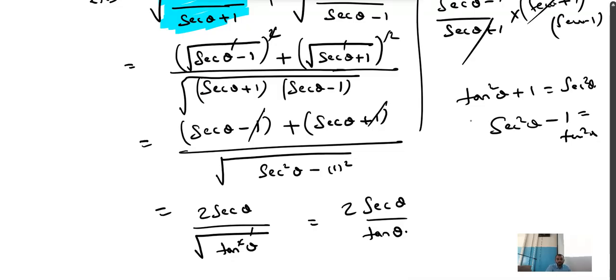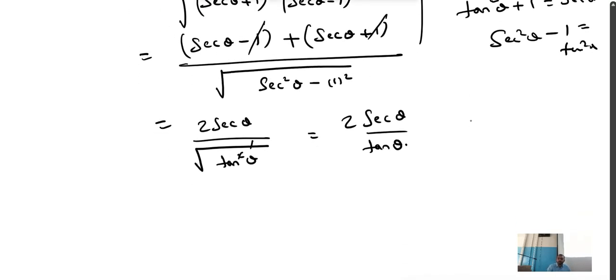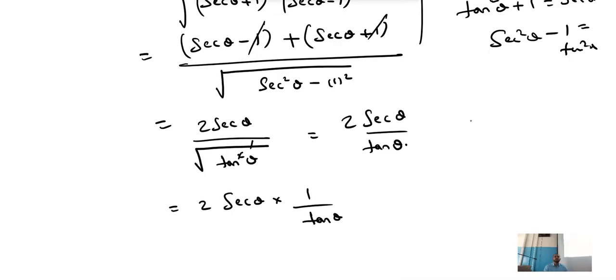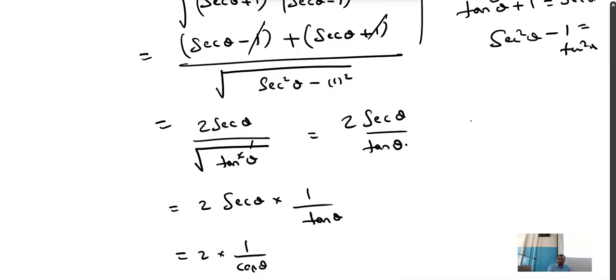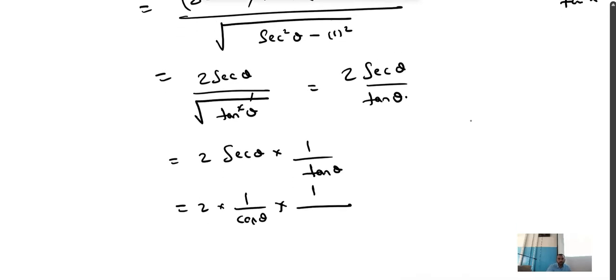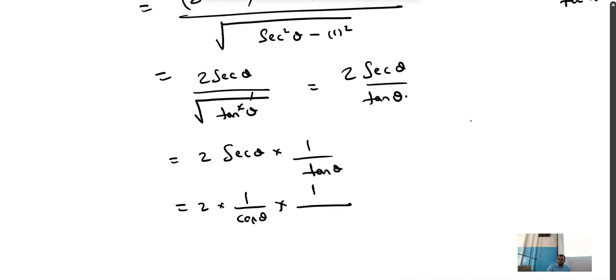Now can we write like this for this? Observe here. 2 into secant theta into 1 by tan theta. Can we write like this? Yes. Now 2. What is secant? 1 by cos. Correct? Into what is tan? Sin theta by cos theta. Secant is 1 by cos.